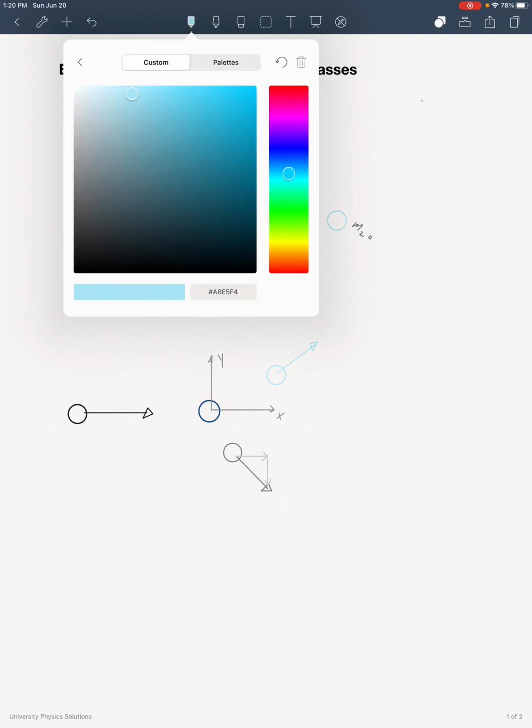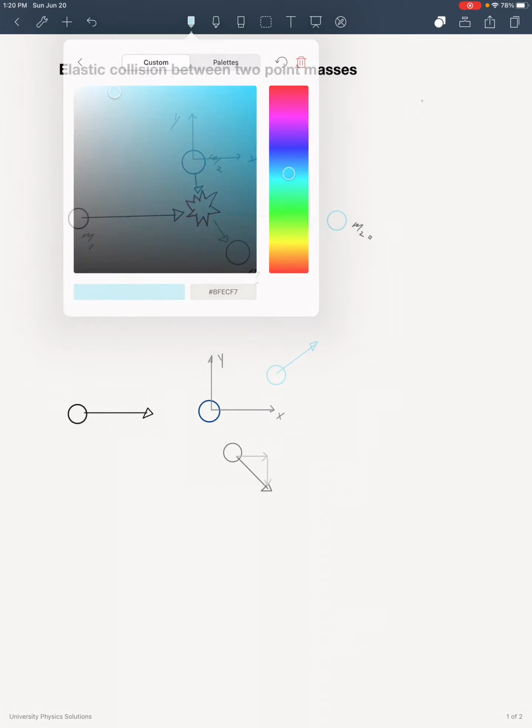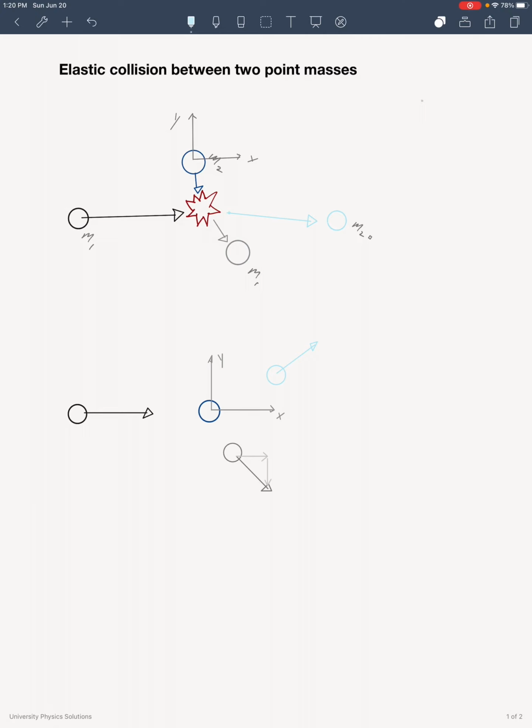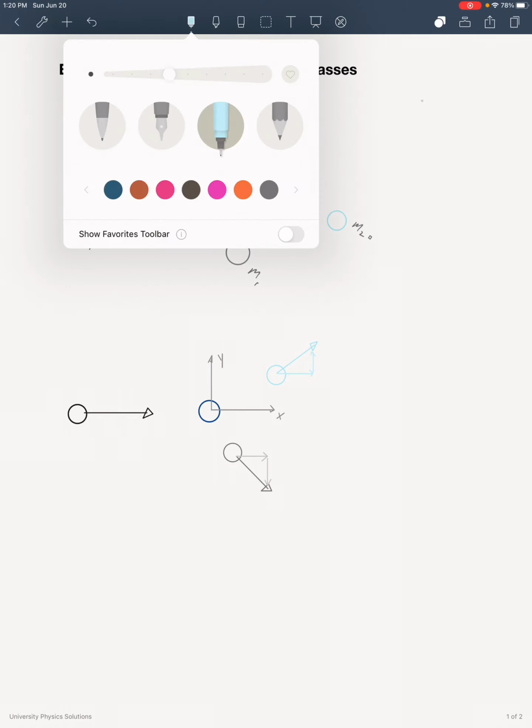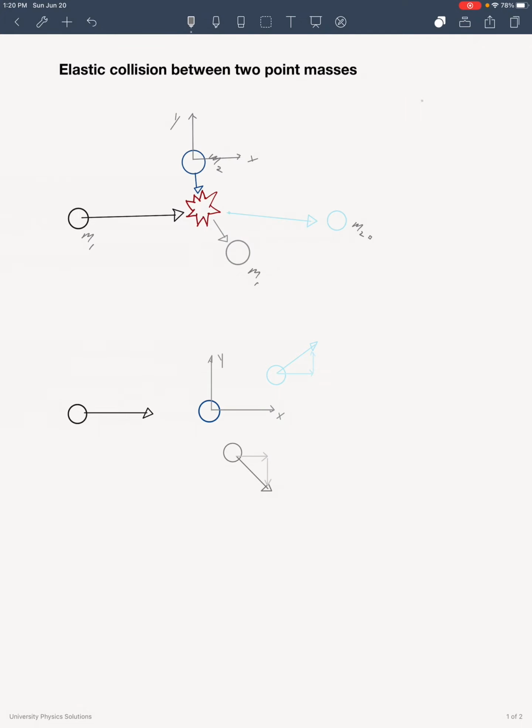Let's see if I can get an even lighter color. Okay, and these components are my final components of my speed in each direction.